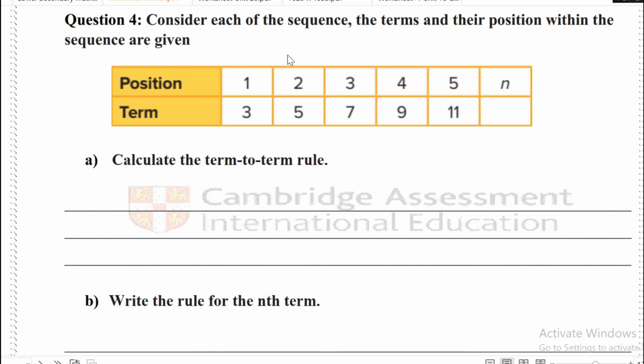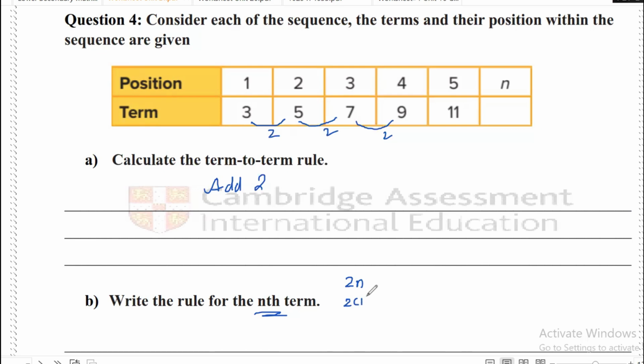Remember that the difference between terms, the term to term rule, is here: add 2, 5 plus 2, 7 plus 2. It means the term to term rule is add 2. That's the rule only, and then this will help you to make the nth term. So when they said add 2, that means this is your first thing, 2n for the nth term. But we will check whether this works or not.